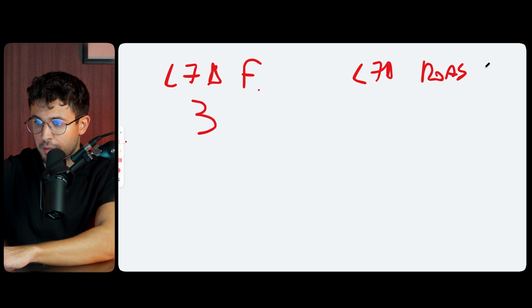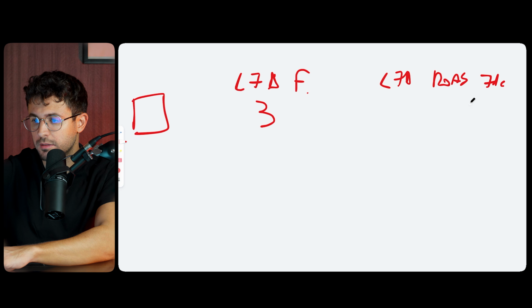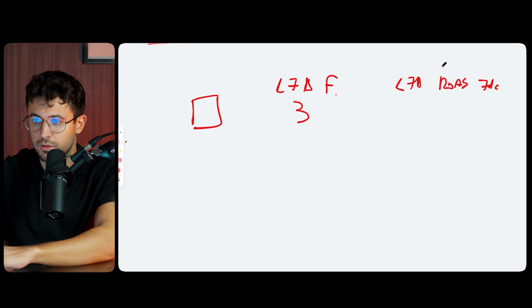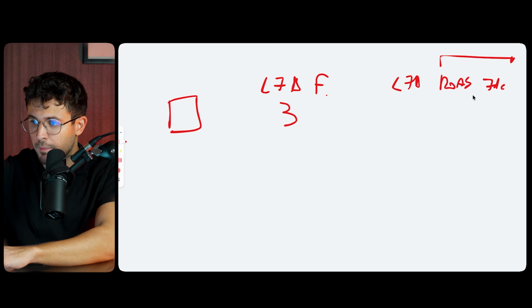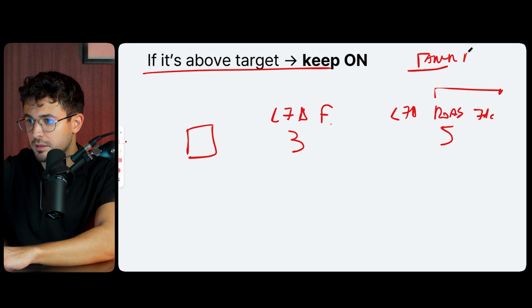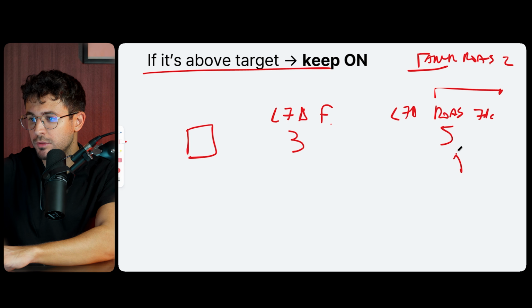ROAS in this case, I'm talking about the 7-day click ROAS or incremental. You need to see also the difference between incremental and click, but I will talk about this later. 7-day click ROAS is like 5. Let's say your target ROAS is 2. This is good, you can keep it.